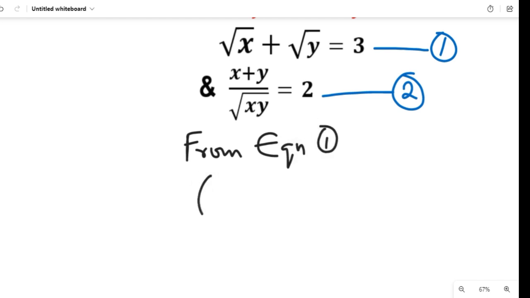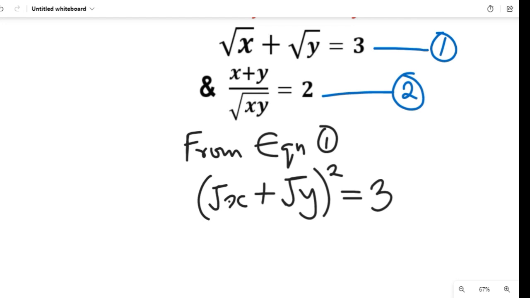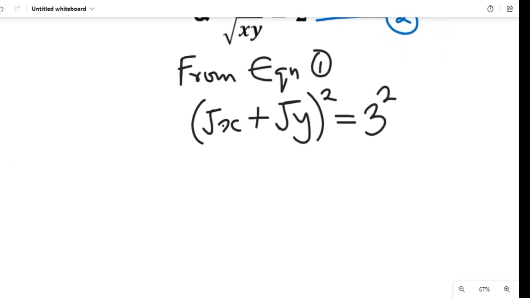I want to take the square of both sides. That will help me clear the square root. So if I take the square of both sides, I'm going to have this value. Now remember, this is a square, so we'll have to simplify the left hand side.